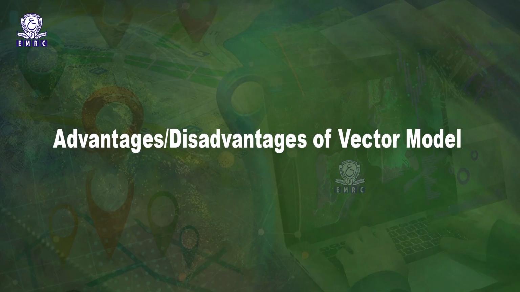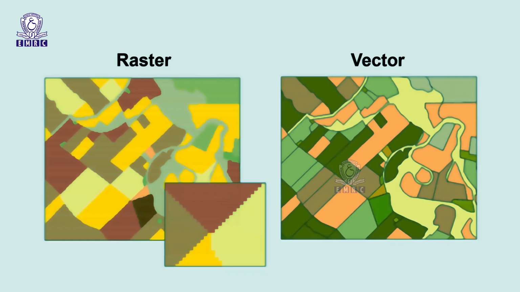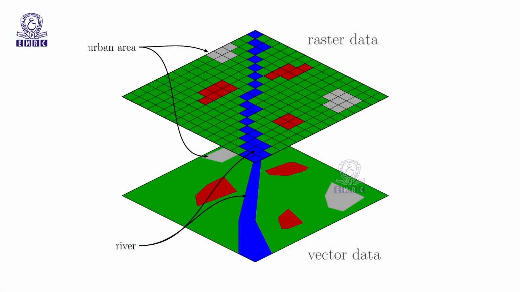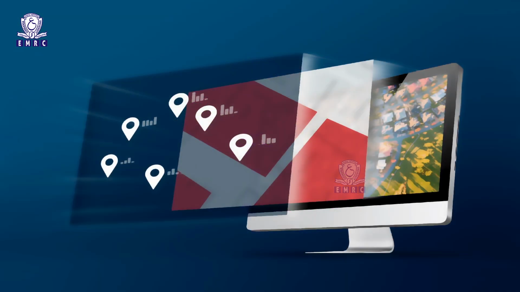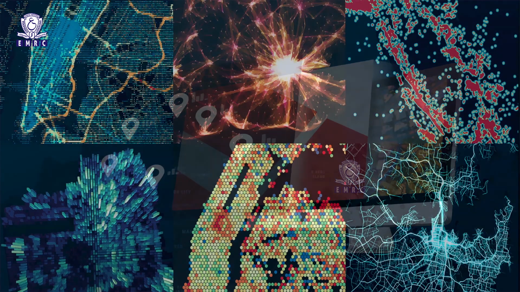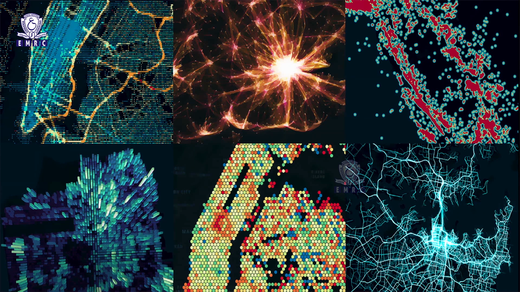Advantages and disadvantages of the vector model. In comparison with the raster data model, vector data models tend to be a better representation of reality due to the accuracy and precision of points, lines and polygons over the regularly spaced grids of the raster model. This results in vector data tending to be more artistically pleasing than raster data.